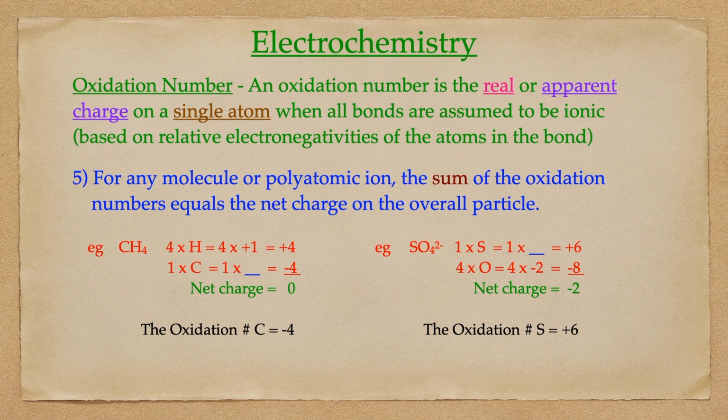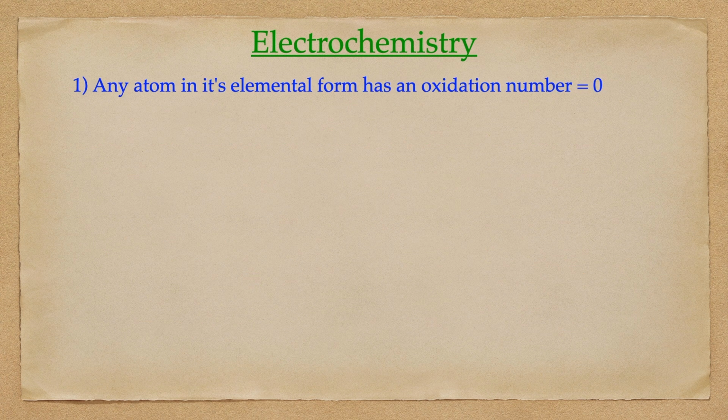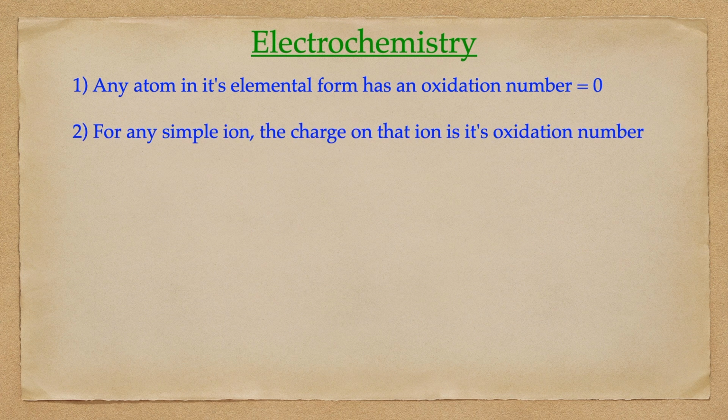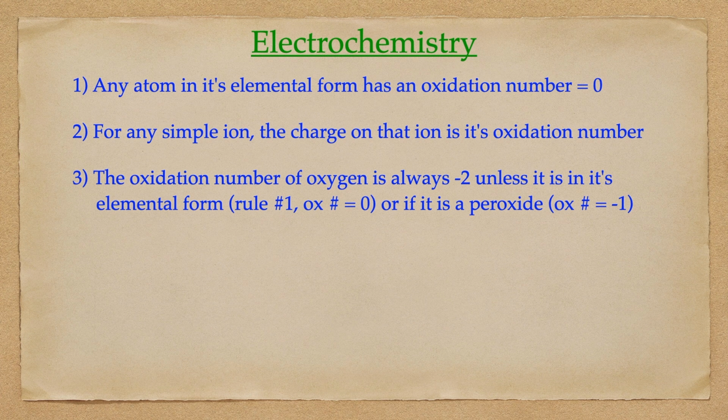To summarize our oxidation number rules, rule number 1, any element in its elemental form has an oxidation number equal to 0. For any simple ion, the charge on that ion is its oxidation number. The oxidation number of oxygen is assigned to be a negative 2 unless it's in its elemental form or it's a peroxide, in which case it's a minus 1.